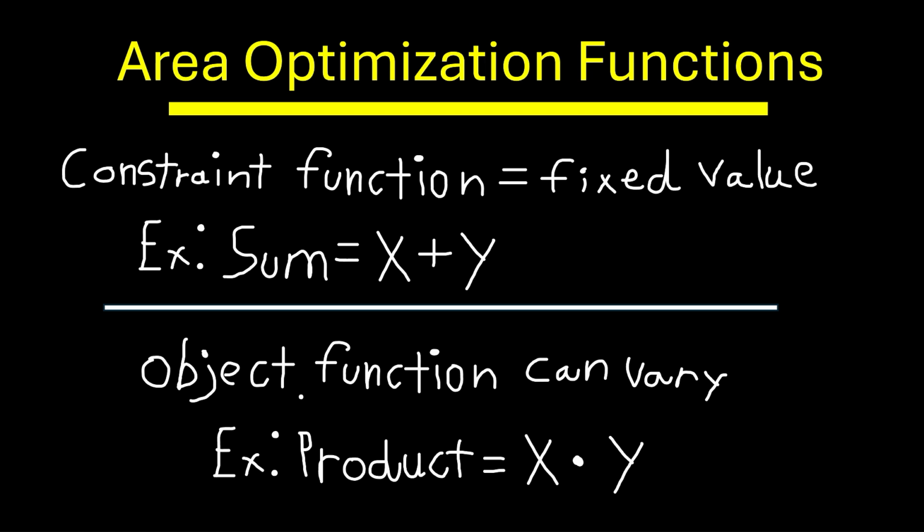For our object function, it can vary. Example, product equals x times y. For optimization in general, these functions won't be the same, but in our case, we'll be using our example and object functions here.